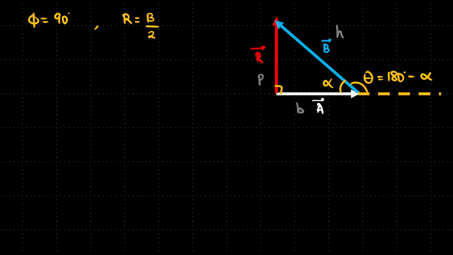Now let's think of a relation which we can use. We know that the resultant and the vector B are connected by R equals B by 2, which means if we have an equation that uses P and H as a trigonometric ratio, that will be the golden goose.